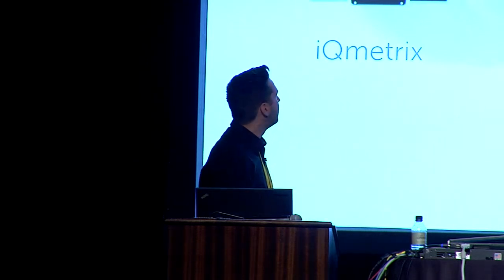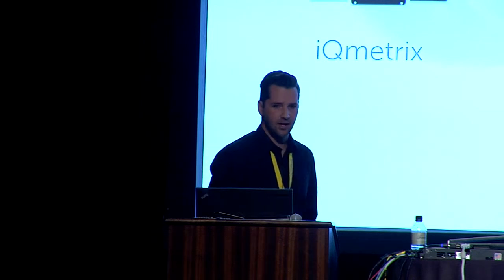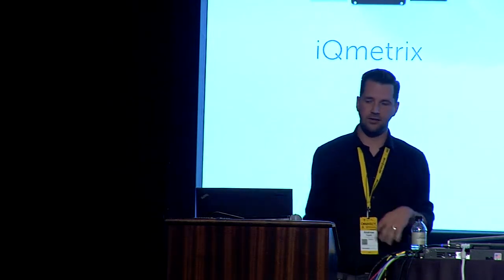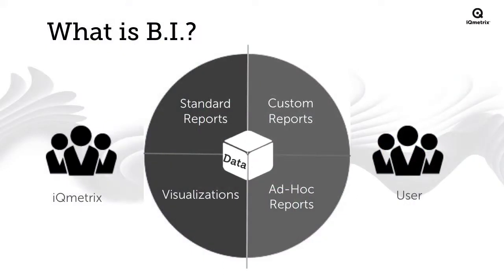So we can roughly break BI into two sections. On this side is what we do, and on this side is what you do. So we create standard reports, and we create visualizations, and those things are inside the standard reports, and we'll see those things today. You guys create your own custom reports, and you do ad hoc reporting.